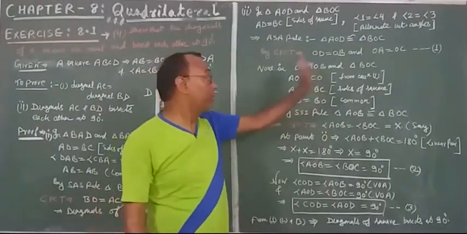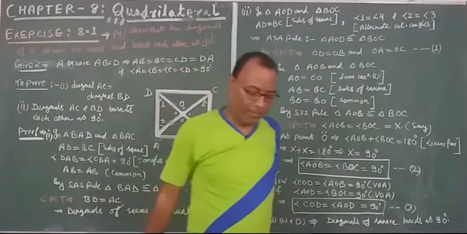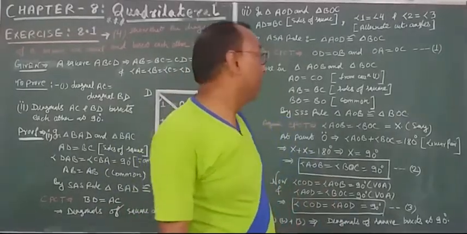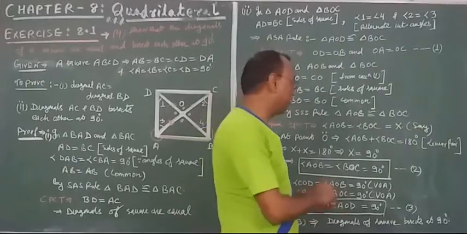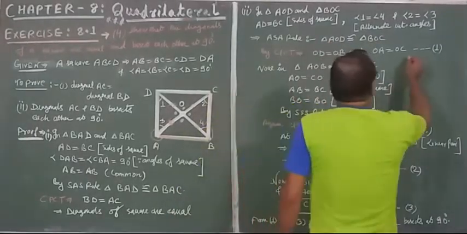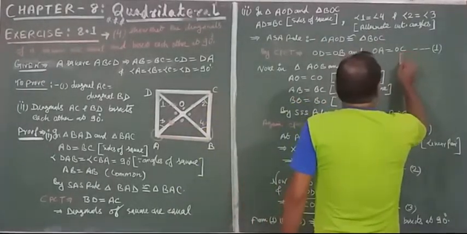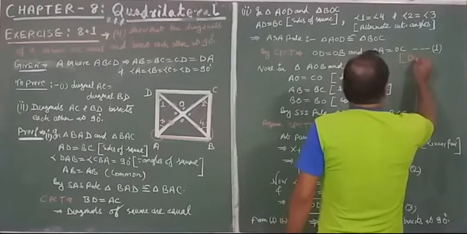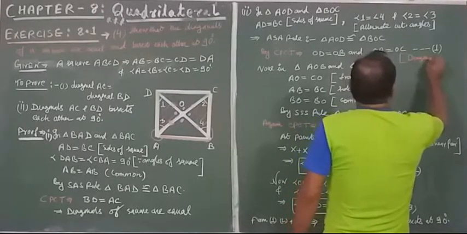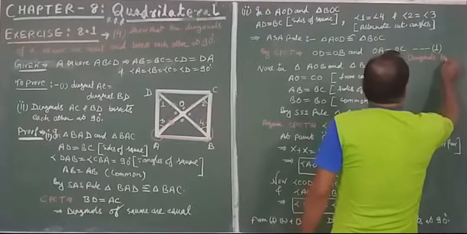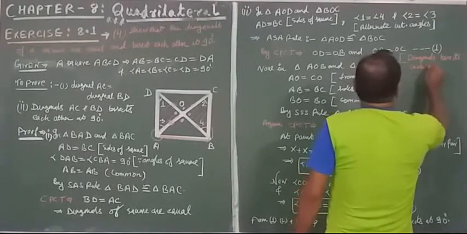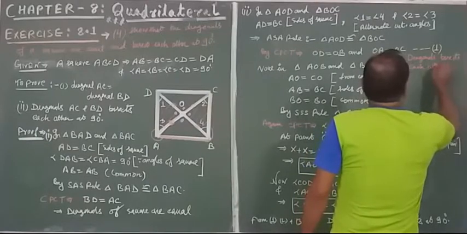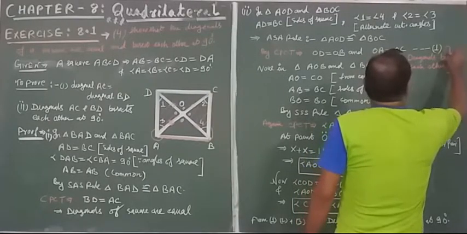So it means the diagonals bisect each other. This is the result of the first part.